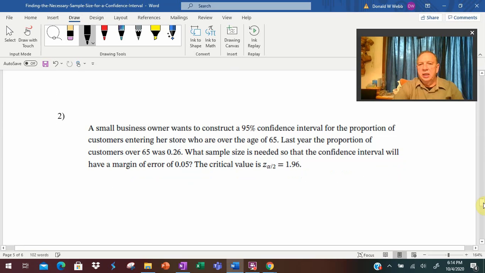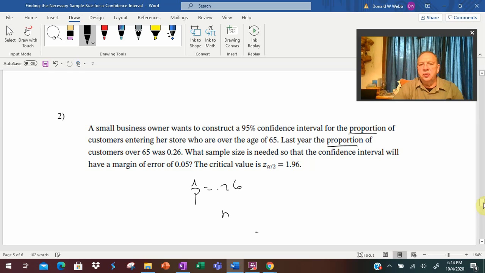And here, this is the key. Proportion. So I want to do a confidence interval for the proportion. Last year, the proportion was 0.26. P hat is 0.26. Critical value, the margin of error, and then you're going to use something like p hat times 1 minus p hat times Z alpha over 2 over E, squared.